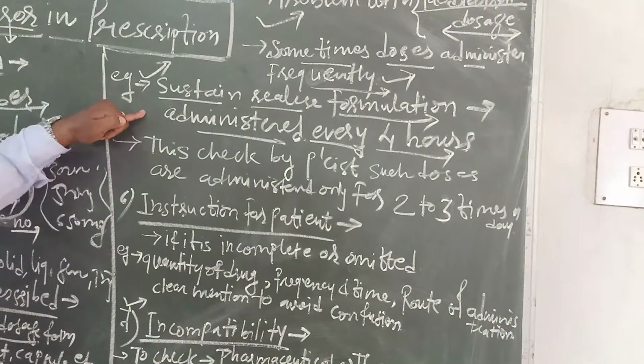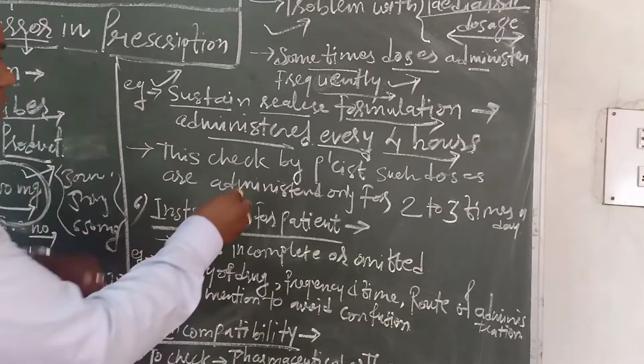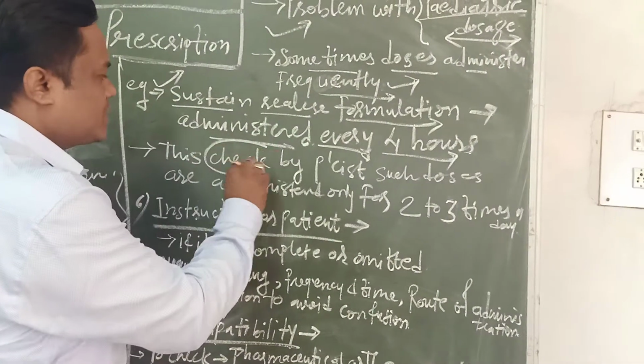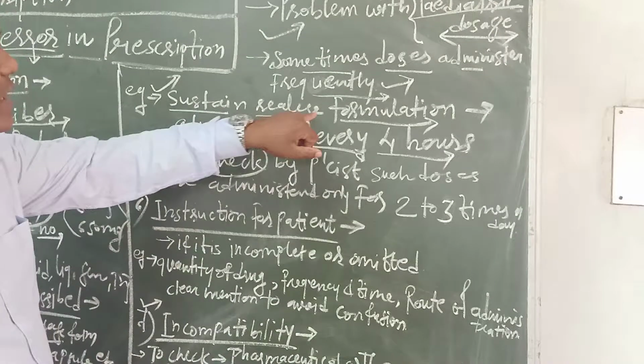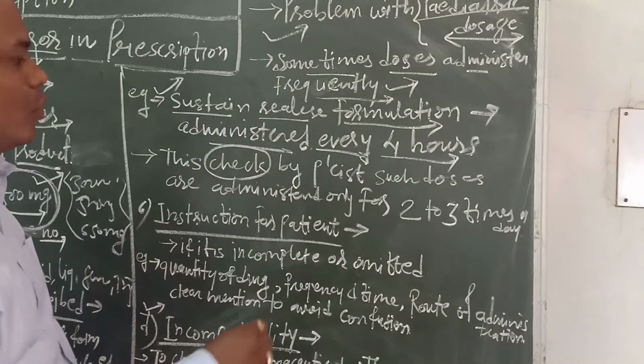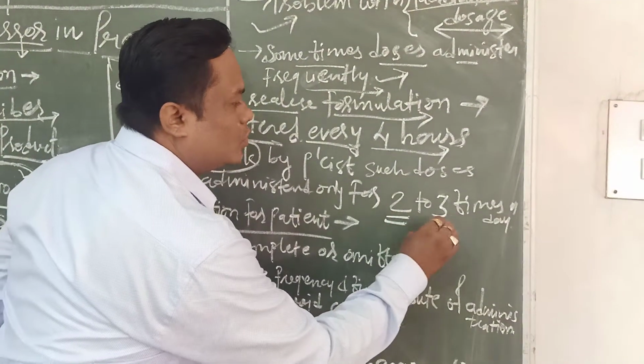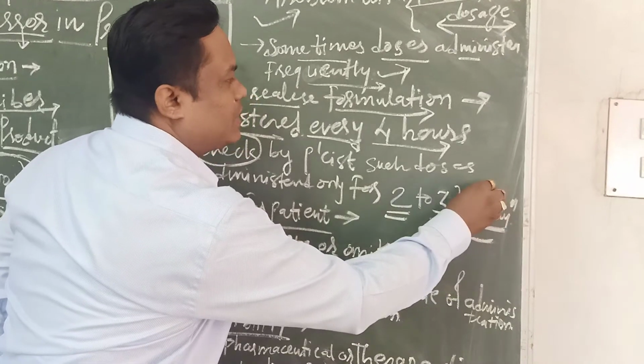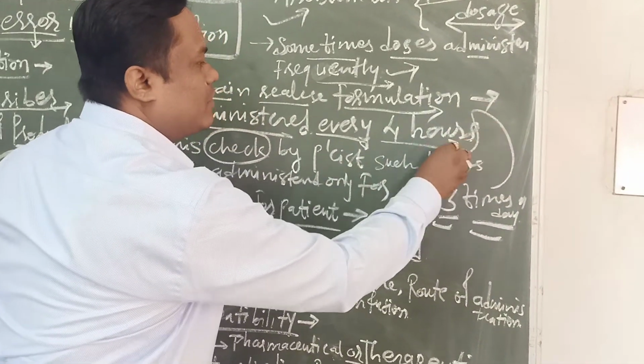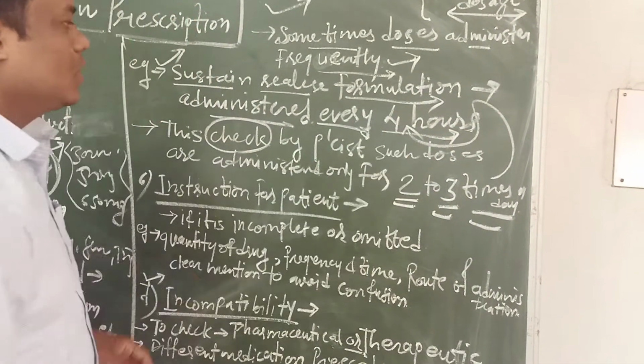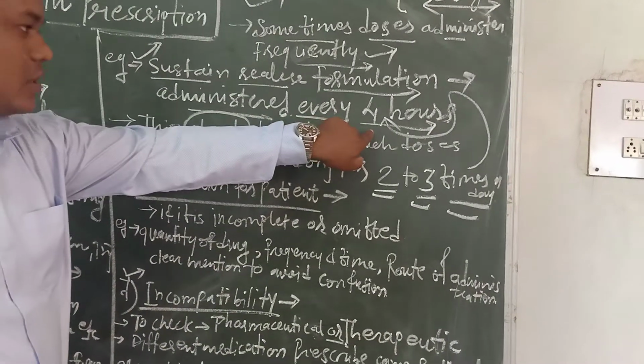But this prescription is caught by the pharmacist, because sustained release formulations are administered only 2 to 3 times a day, but the prescriber writes every 4 hours.